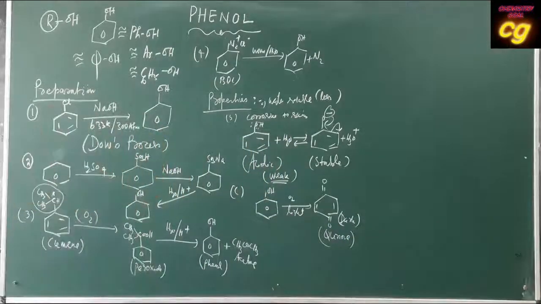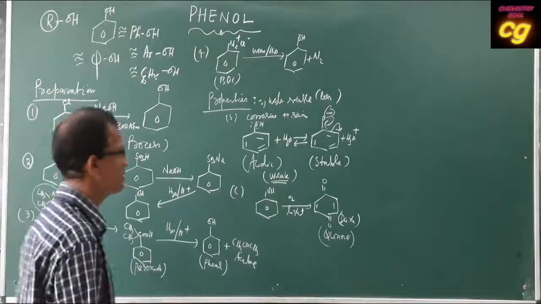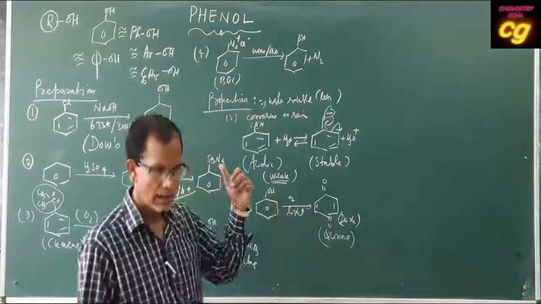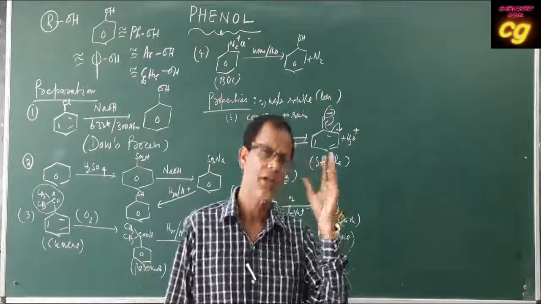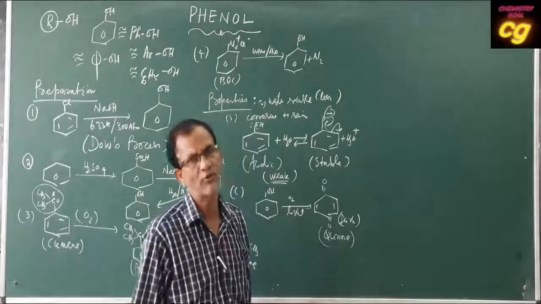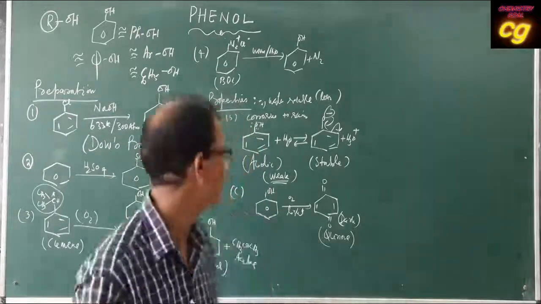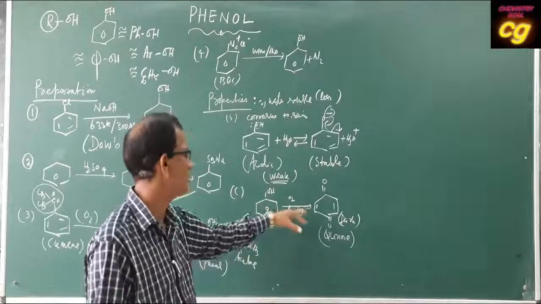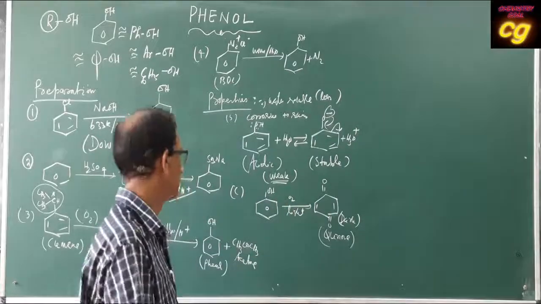That is dark color. That's why after many days, you will see phenol change its color to a dark, reddish dark color, due to the oxidation of phenol to benzoquinone.